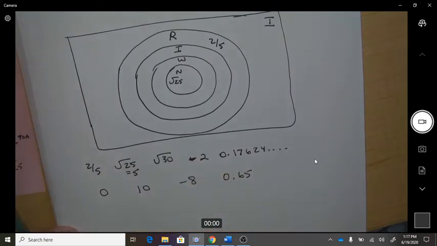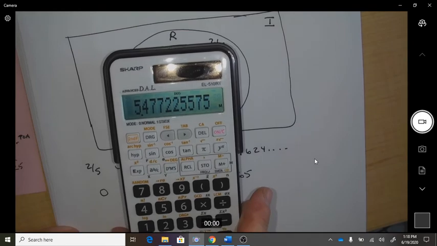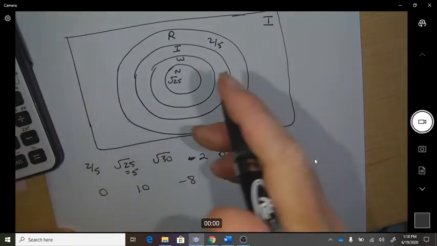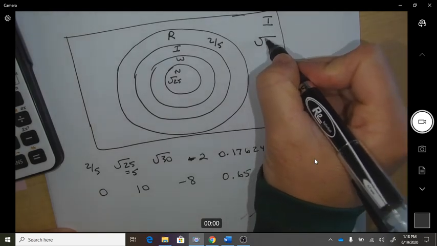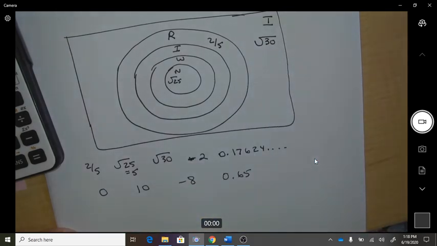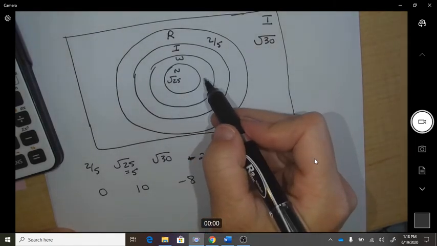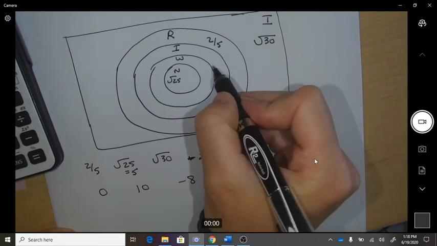The square root of 30, so if you look on your calculator and square root 30, it gives you that, which does not look like it terminates or repeats, so it's outside of the circle. -2, natural, nope. Whole number, nope. Integer, yes.